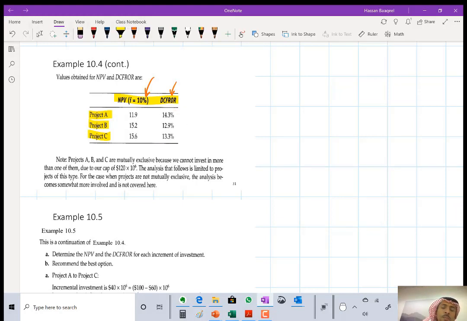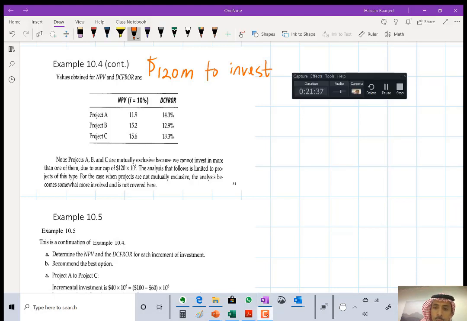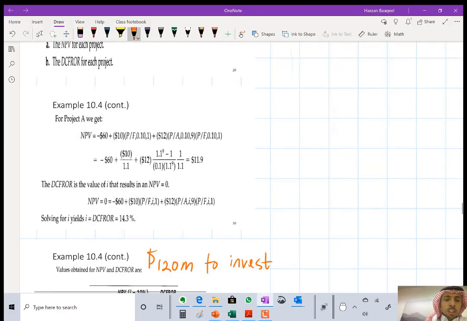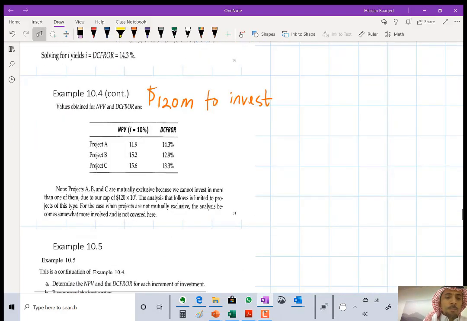Now if I ask you a question, which one should you select if you have $120 million to invest? Well, unfortunately, remember this project costs 60 million, this one costs 120, and this one costs $100 million.